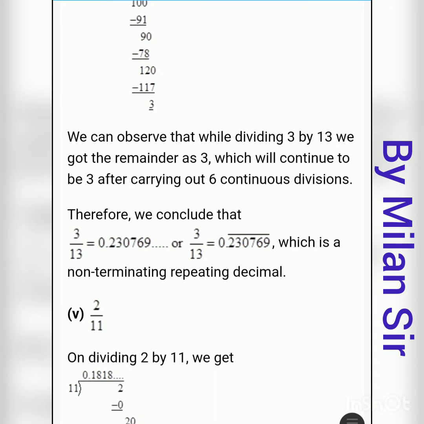230769, after that again we get the same answer, so we can put one bar sign on the 230769. It means that these digits repeat. So the repeating digits are 230769, and we put one bar sign. 0.230769 bar.